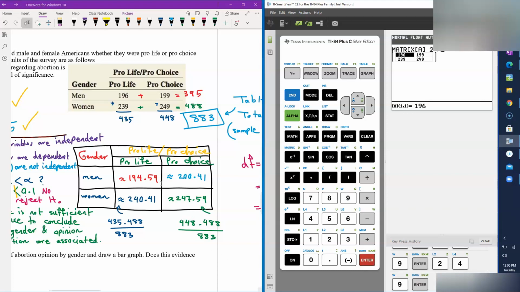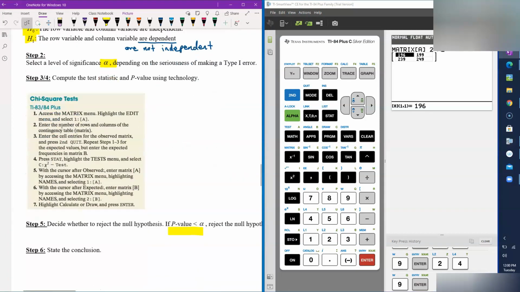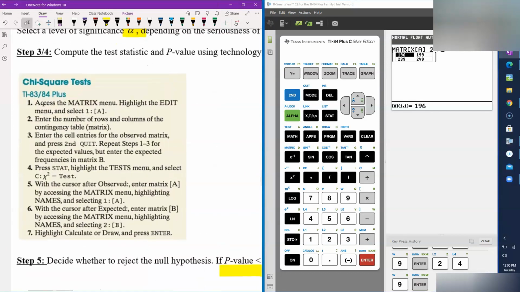Okay, so this is our matrix. So what we did: the first step, using matrix. Number 2, we entered our rows and columns. Number 3, entered the numbers that were given. Press second, quit. Steps 1, 2, 3.